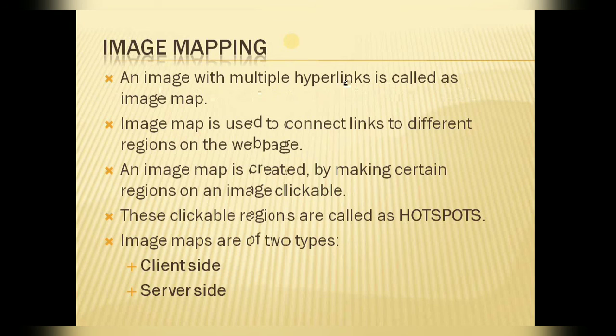Let's see if we have missed some coordinates. A comma is missing over here. F5. This is a triangle, internal page. Now internal page is the page that you have created. It has extension as .html.